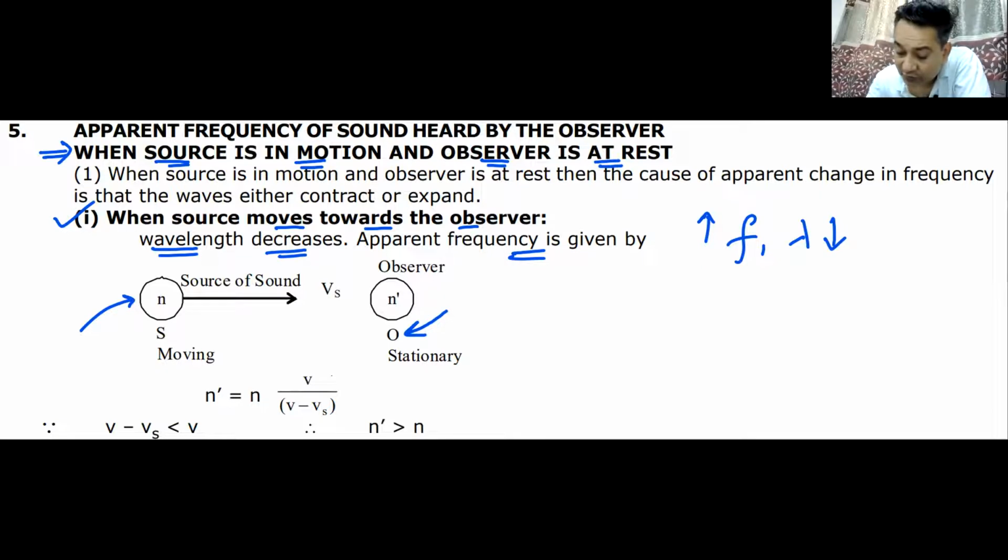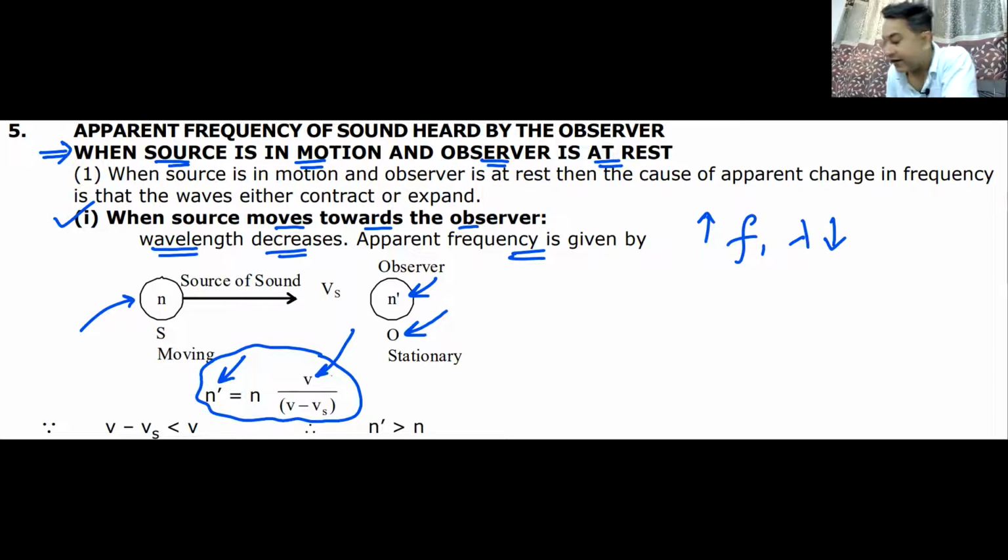The frequency that is heard by the observer is n dash. This n dash, and you have to remember this formula, is equal to n into v divided by v minus vs, where v is the velocity of sound and vs is the velocity of source.